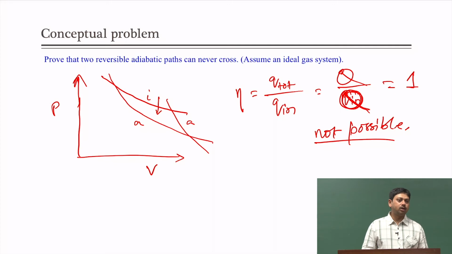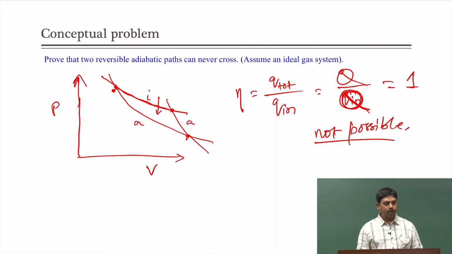For ideal gas, you can obviously show that, because if two adiabats cross, then these two will have some relation with T and V, and these two also will have some relation with T and V, and both the relations cannot be satisfied because the temperature is same here. That is another problem, because let us say this volume is V. So, this V and T has some relation, and the volume is different here. So, temperature will be different here compared to here.